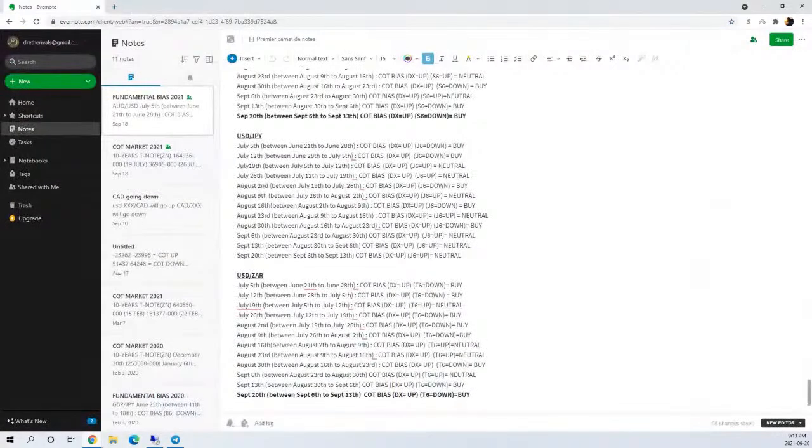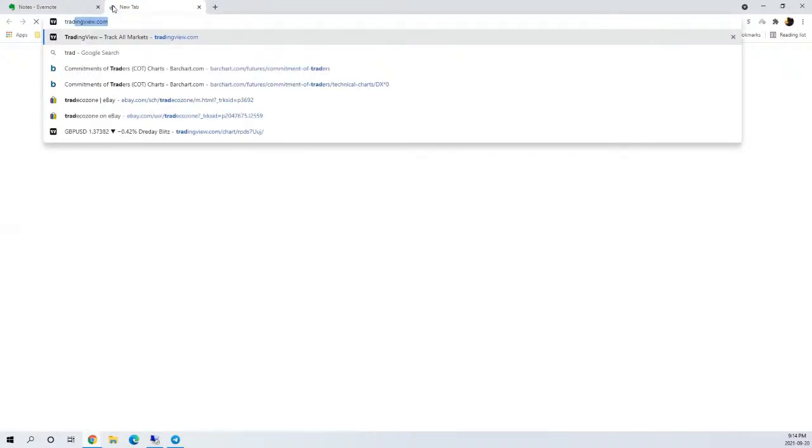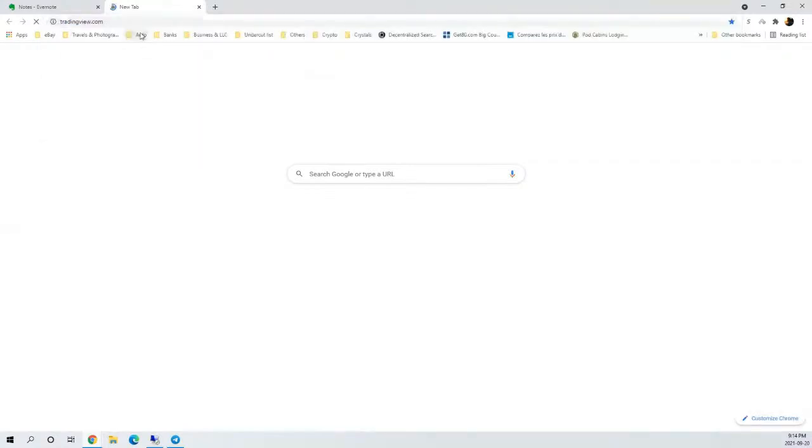Okay, so basically the ZAR is the South African rand, okay? So ZAR is South African rand. And if we go, I'm just going to go on the actual chart. So going on TradingView, so I could show you exactly the chart here for that.